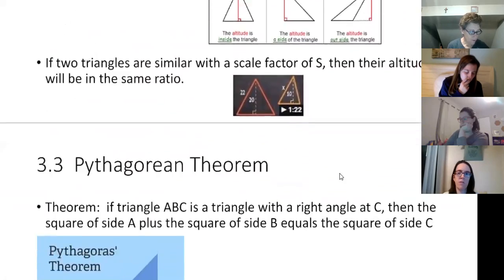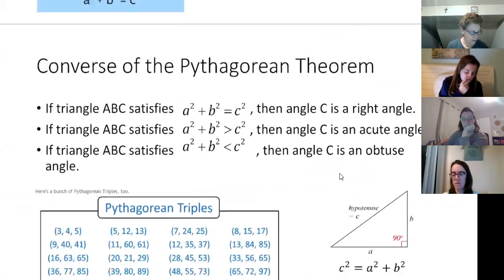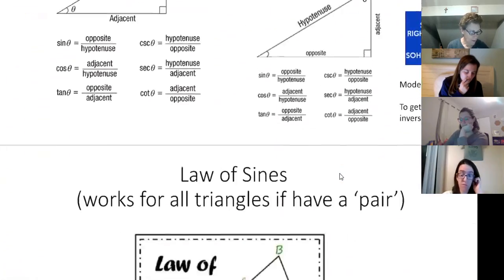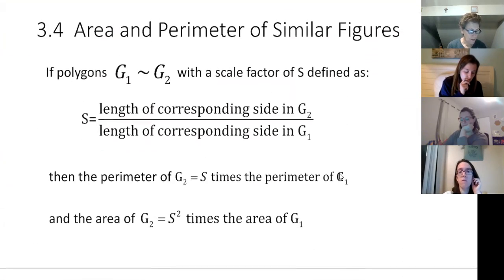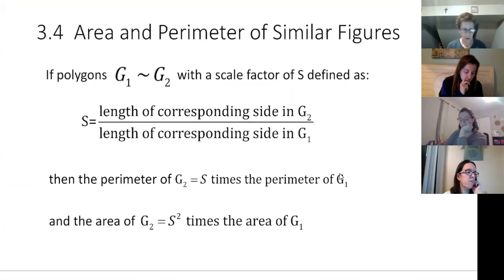Just to fly past this for a second, because I think the author went back to this later: your area and your perimeter are also going to have a relationship. The perimeters of two triangles that are in the same proportion will also be in the same proportion, but the area will not be.